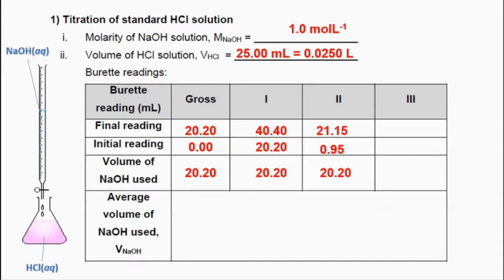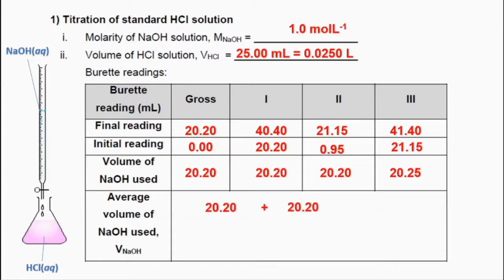For the third reading, the last reading for this part A, let's say the initial is 21.15 and the final reading is 41.4, so the volume of sodium hydroxide used in this third titration was 20.25. Even though the difference is 0.05, it's okay, because we can say these three readings were quite consistent.